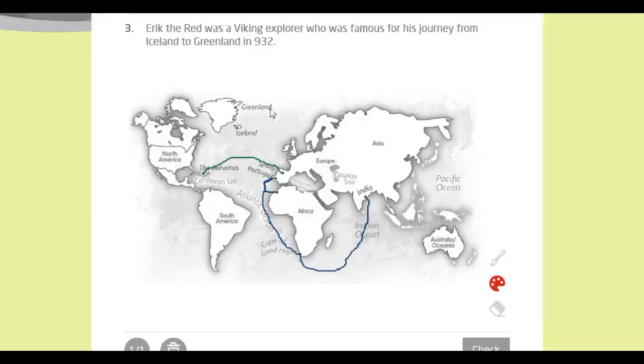Iceland here to Greenland. It's easy. Iceland to Greenland. Pretty good. You can do this in your books in green, red, and blue.